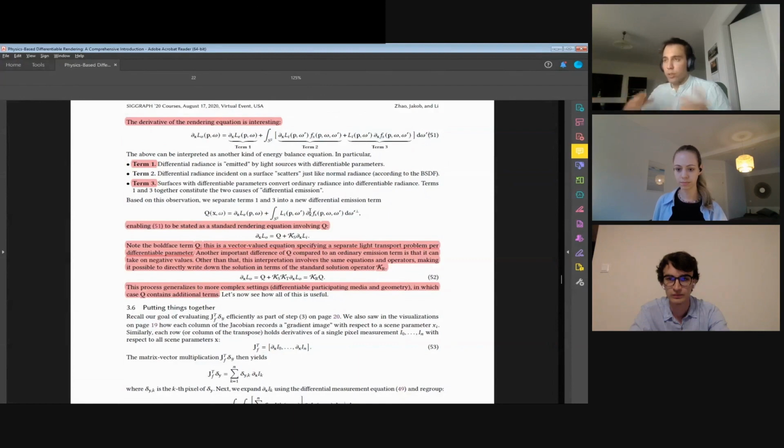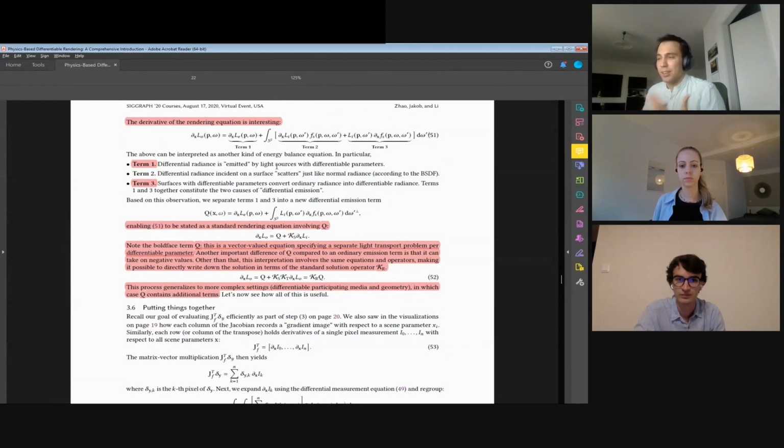The scattering equation provides global illumination effects like interreflections, and the emission term comes from the light sources. When you differentiate the rendering equation, you get the idea that way. The rendering equation had two terms, but the differentiable version has three terms now.